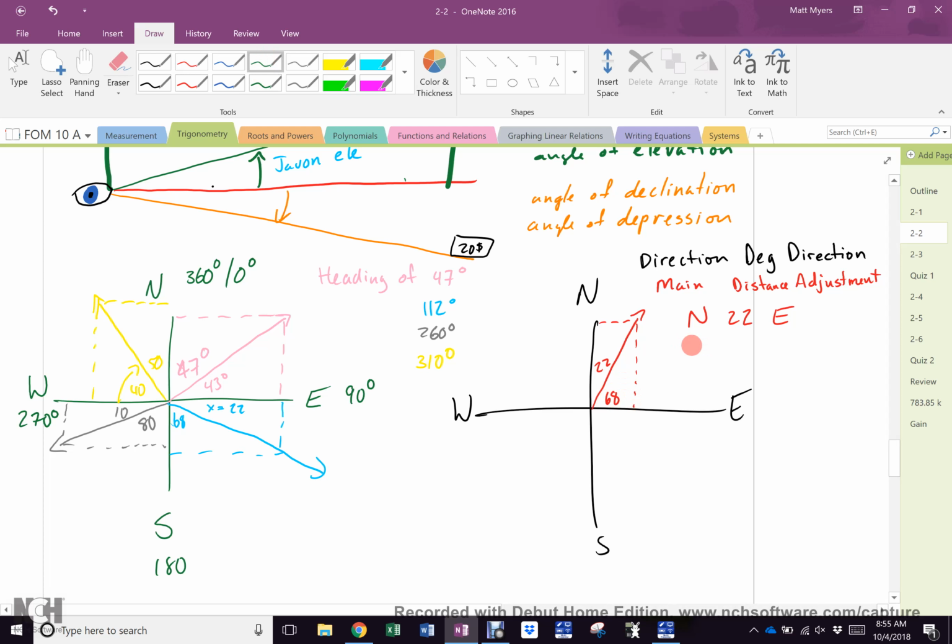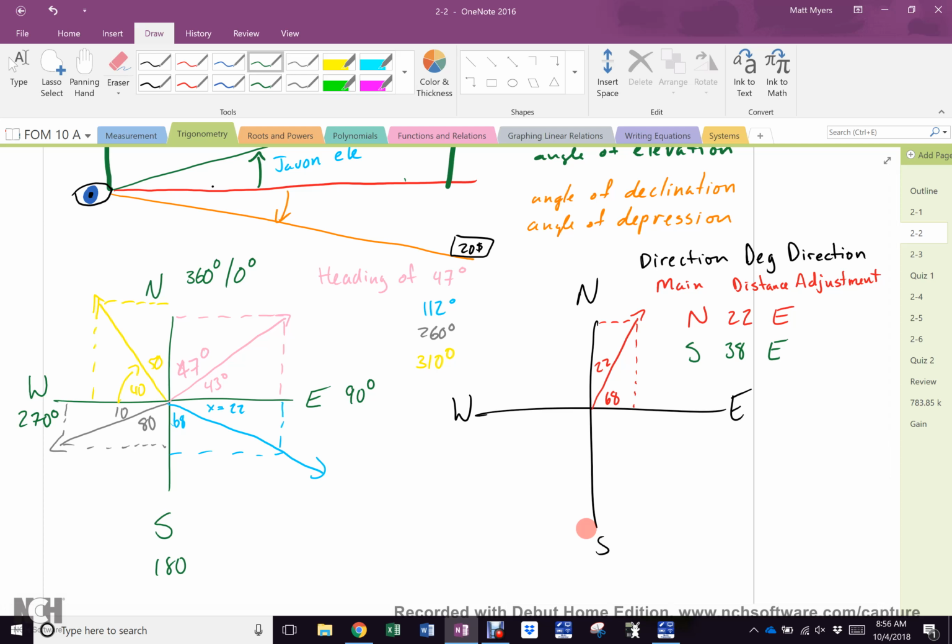Okay, let's try to do another one. I am starting south, but I am adjusting 38 degrees east. Where would straight south be? Down. And I adjust in what direction? If I'm walking straight south, am I turning to the left or the right? Left. But as we've drawn it here, on our paper, it's to the right.